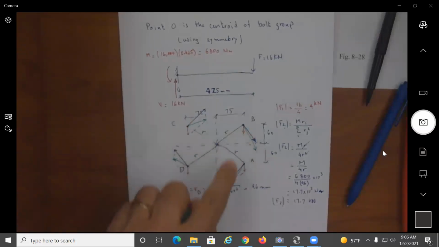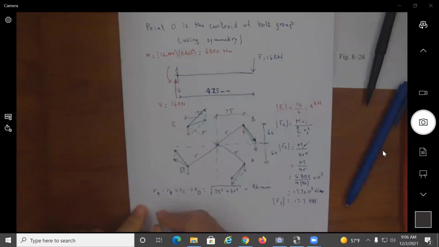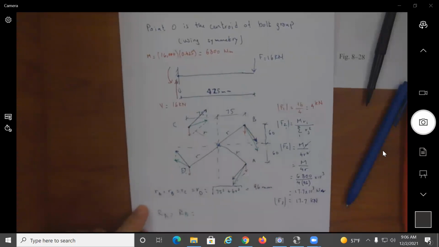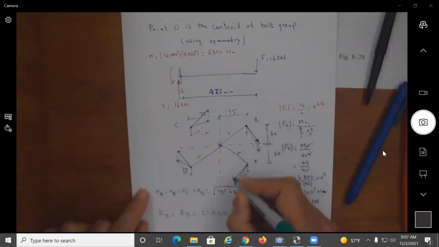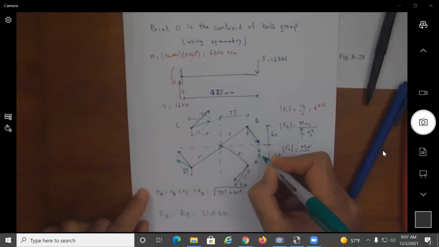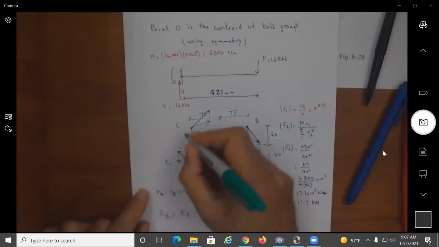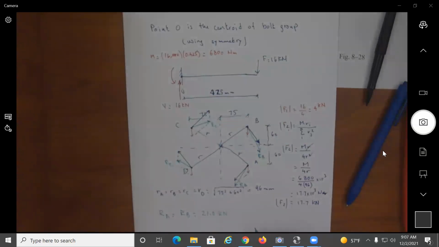These two parallelograms are alike, and these two are alike. And this is A and B. So I can say that the resultant shear force in A is equal to the resultant shear force in B. If you apply the parallelogram rule between the 17.7 and the 4, I'm going to get 21 kilonewton. RA and RB are 21 kilonewton, and RC is equal to RD is equal to 14.8 kilonewton.